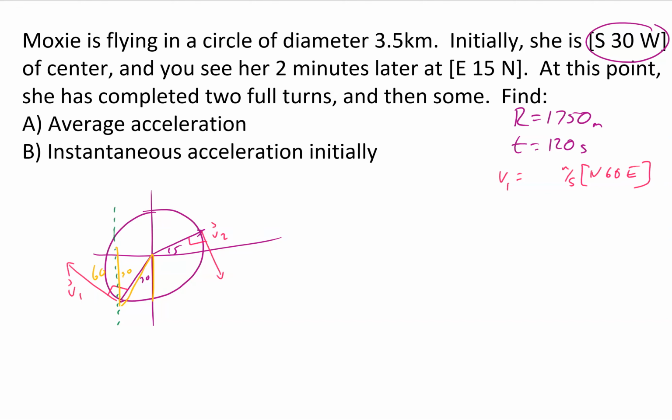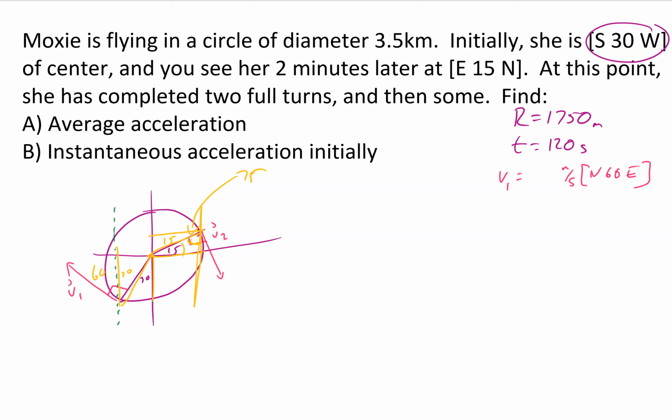We can do this again over here, except this time I'm going to draw this angle right here. So we know that if this here is 15, this one is also 15. If we draw down here like this, we know that this angle here has to be 75 degrees.